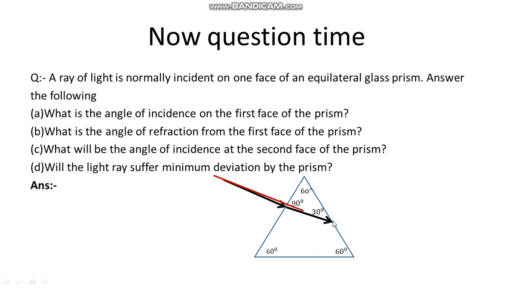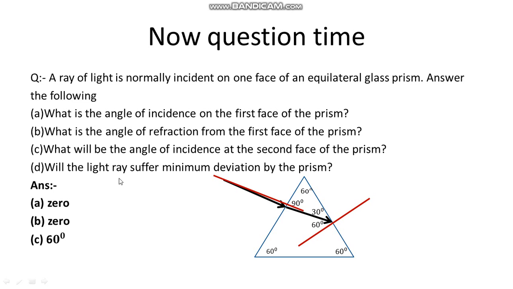At the second surface, if I draw a normal, this is 90, so this angle is 30 degree. This angle is definitely 60 degree, right? So the angle of incidence at the second face is 60 degree. So first answer 0, second answer 0, third answer 60 degree.